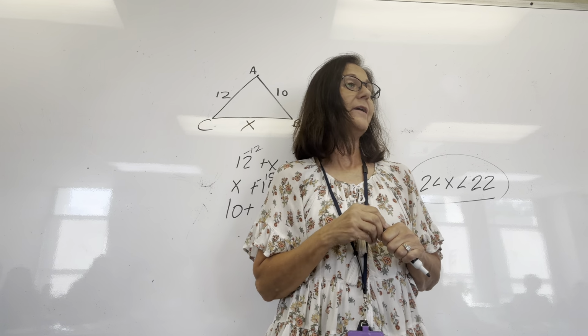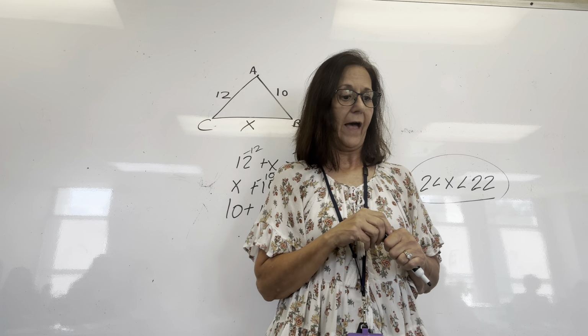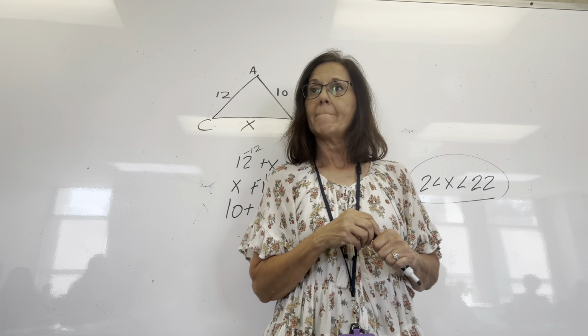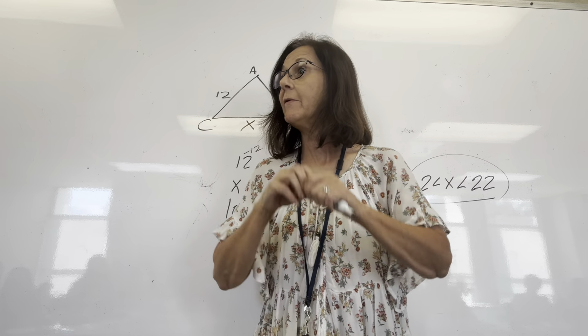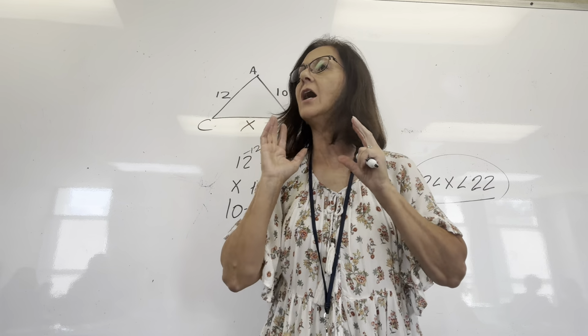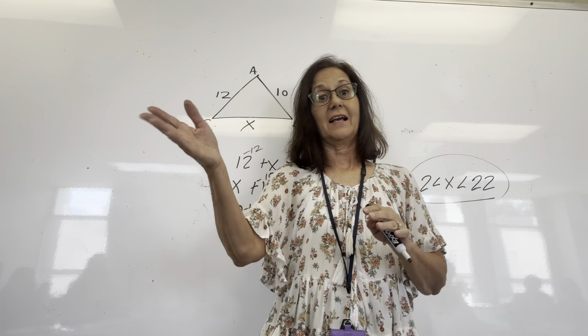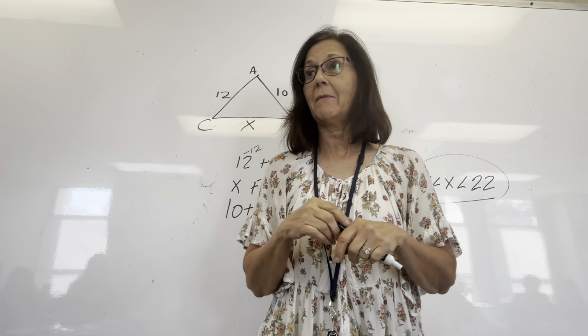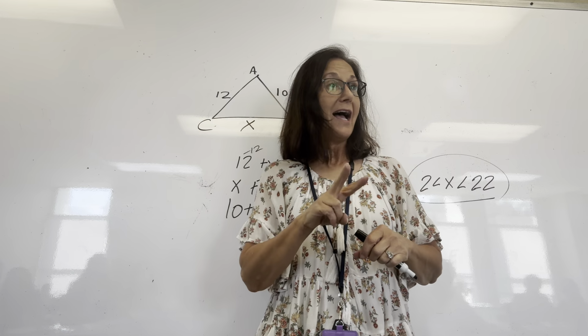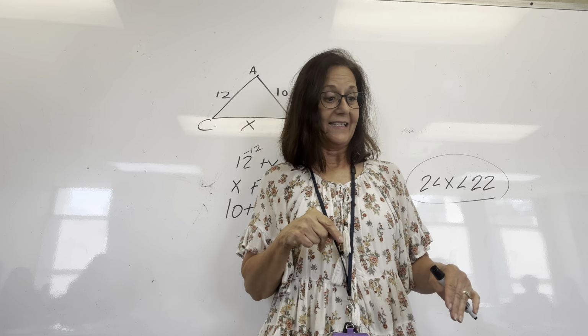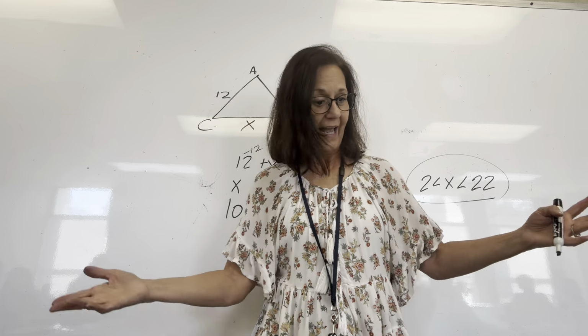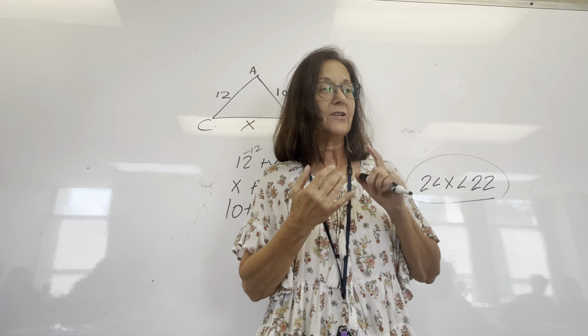When you have two equal angles, what kind of triangle do we call that? Isosceles. Correction, isosceles. I was saying isosceles and scalene came out of my mouth. Two sides equal, isosceles. No sides equal, scalene.